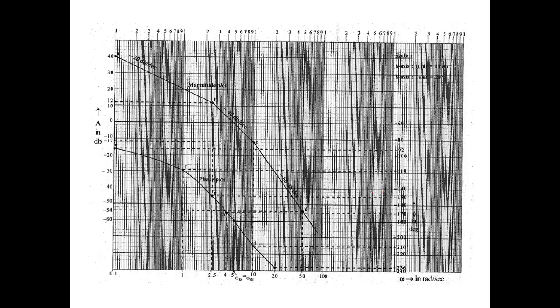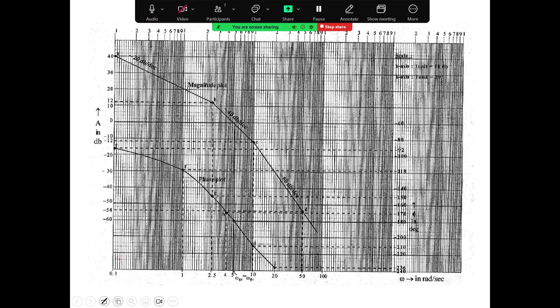So let's see. Initially, we will draw the magnitude plot. So at frequency, what is the corner frequency you are assuming first initially? So 0.1. So I think you know how to represent the frequencies on that semi-log graph. So if I take the here 0.1, so 0.1, 0.2, 0.3, 0.4 and so on 1.